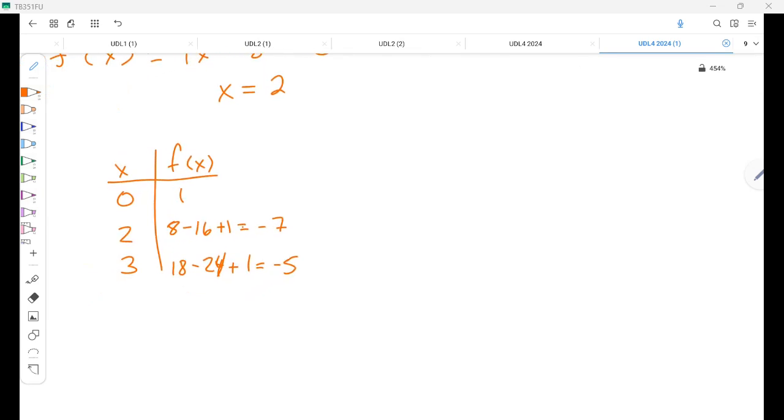Got it. So there's our table. There's nowhere else that you could have had a relative min or an absolute min or an absolute max. So that tells us that the lowest value this function can hit is negative 7, and the highest is 1. Yeah, just do the same thing with the sign chart.